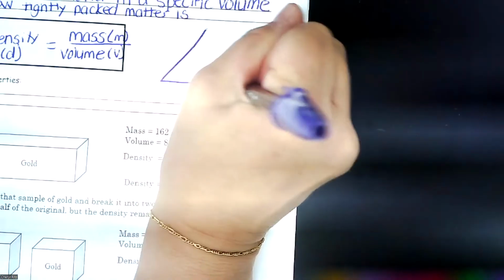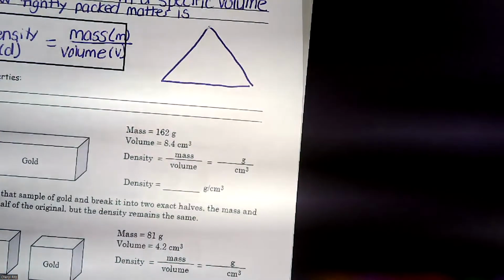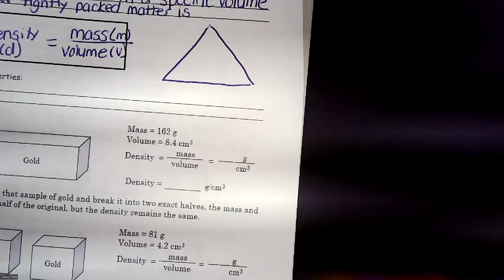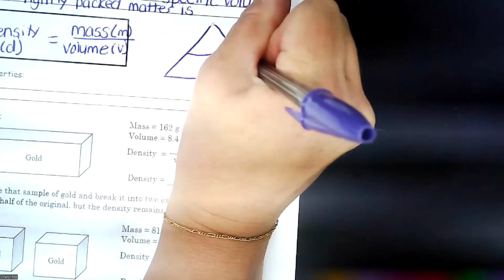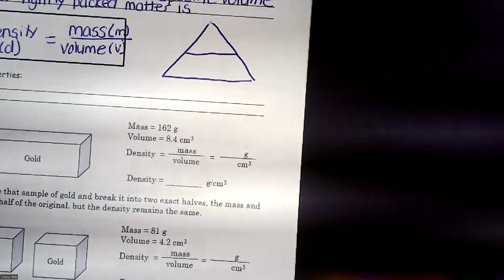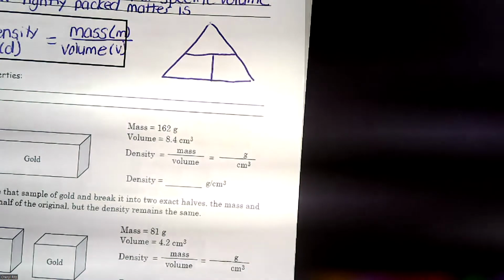The magic triangle: if you guys, in this empty space, could draw yourself a fairly decent sized triangle, make it take up pretty much the rest of the space. And this triangle, we're going to cut it in half. So you're going to have a top floor and a bottom floor. And then the bottom floor gets divided into 2 rooms.